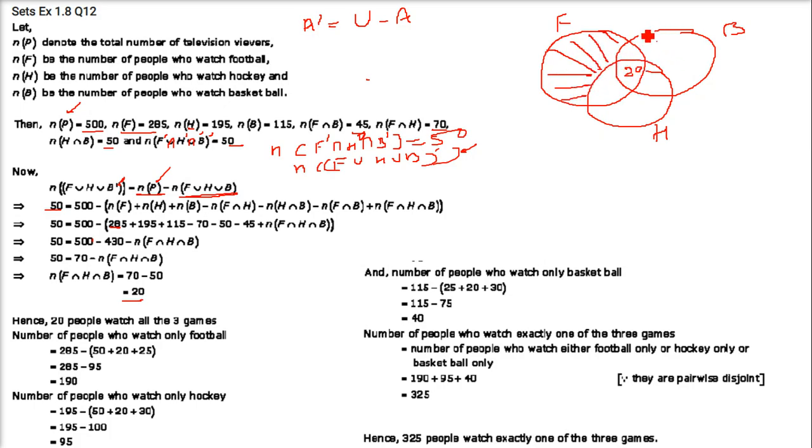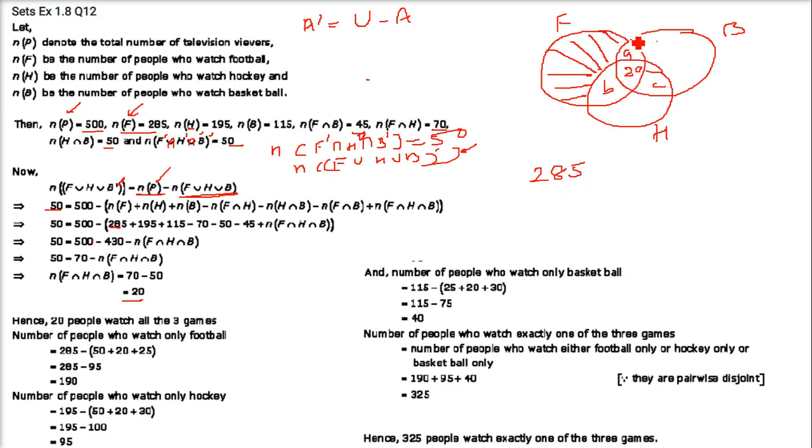How do we get it? Let us say this is A, this is B, this is C. Total F is 285.